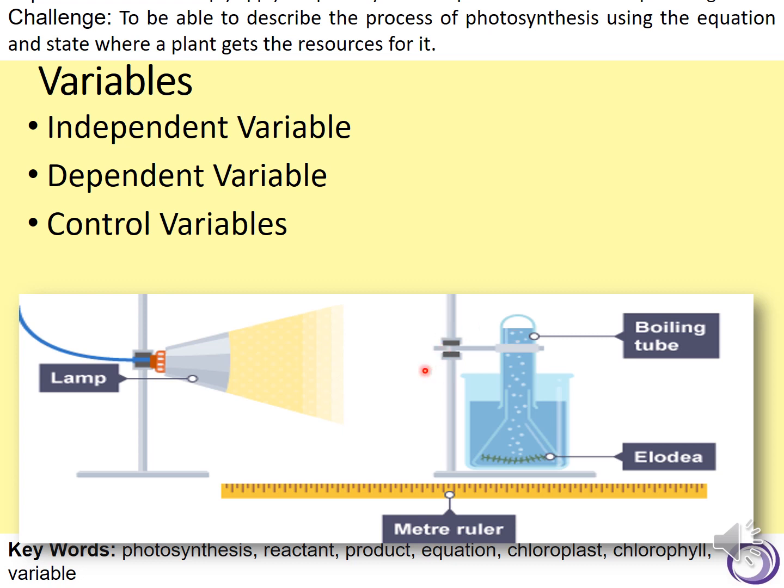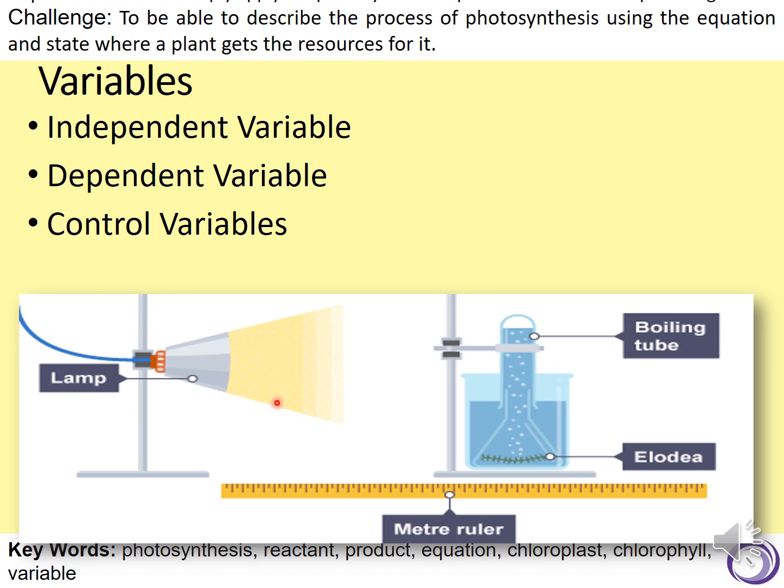Now, on our photosynthesis equation, we've already said that light is required for photosynthesis. So the last key word down at the bottom here is variable, and it gives me an opportunity to have a very quick and short discussion with you about the three types of variable that we can have.